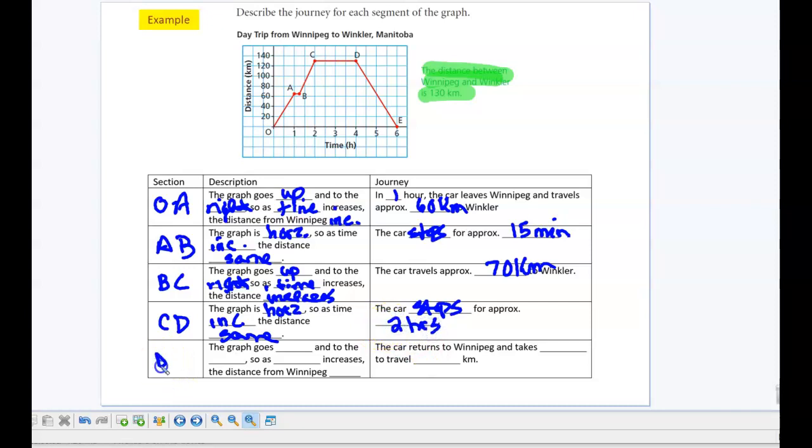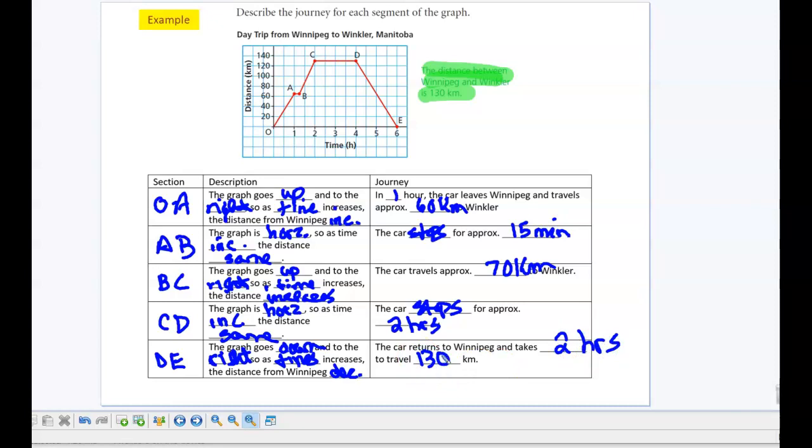And finally, in section D to E, the graph goes down and to the right. So as time increases, the distance from Winnipeg decreases. And it looks like the car travels to Winnipeg and takes 2 hours to travel 130 kilometers back to Winnipeg.